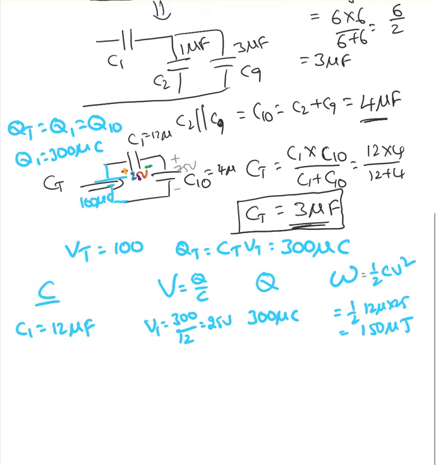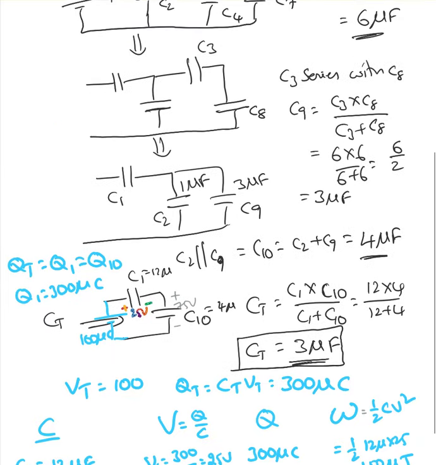Now we'll move back to the second circuit from the bottom. When we look at the second circuit, I already know this voltage drop is 25 volt. Now the voltage drop here must be 75 volt. So can I say my C2 and C9 are the same?